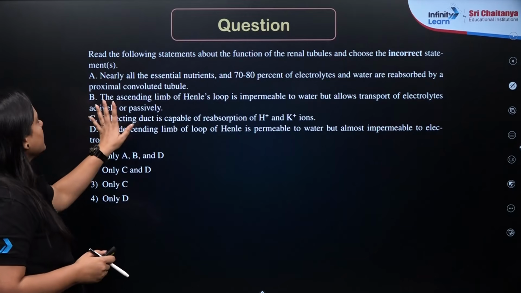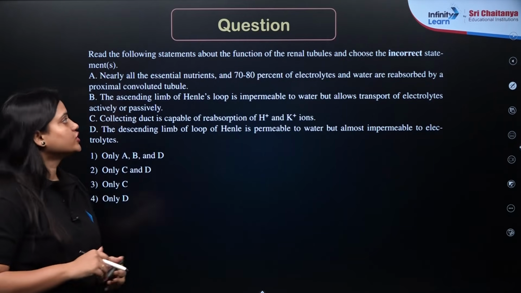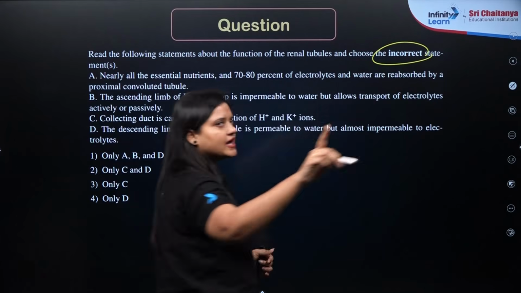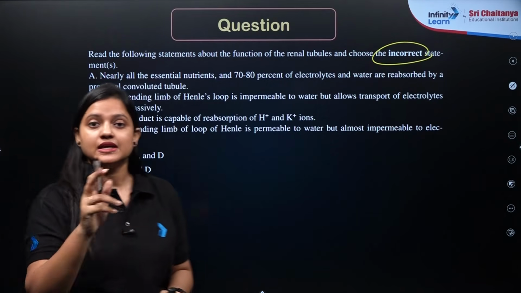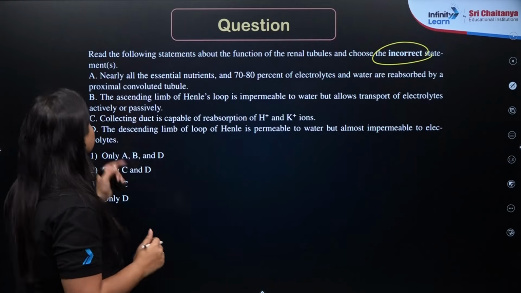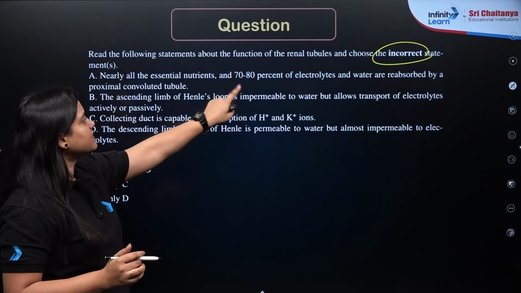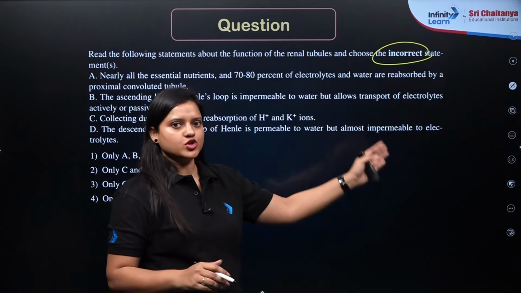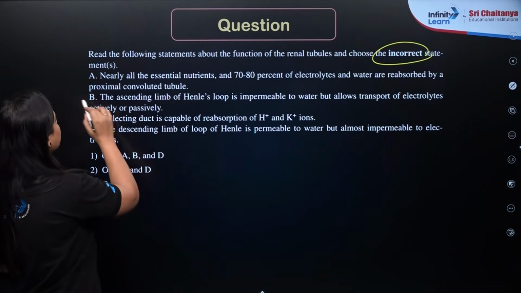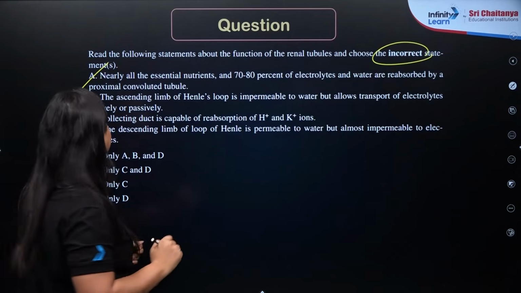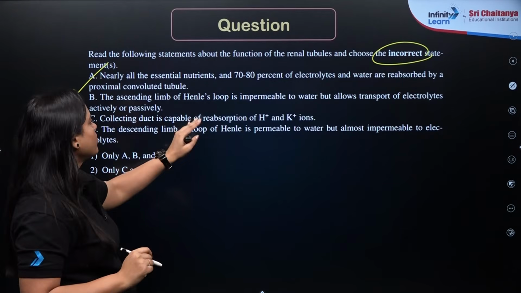Next question. Now read the following about the function of renal tubules and choose the incorrect statement. So repeatedly I tell you, pay attention to the correct and incorrect terms, true or false terms, right? So nearly all the essential nutrients and 70 to 80% of electrolytes and water are reabsorbed by proximal convoluted tubules, PCT, absolutely right. The ascending limb of loop of Henle.